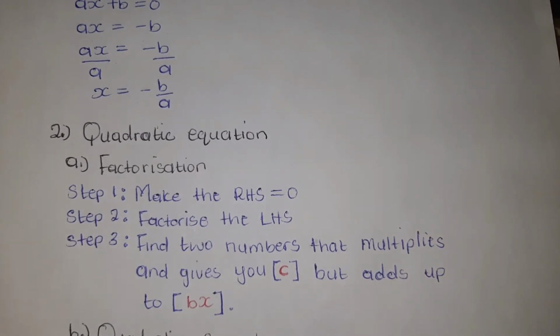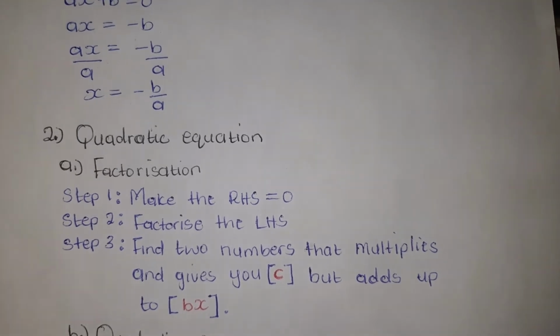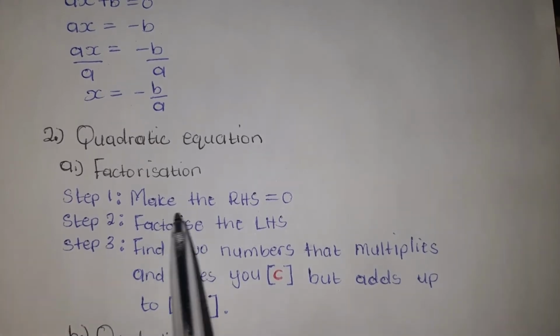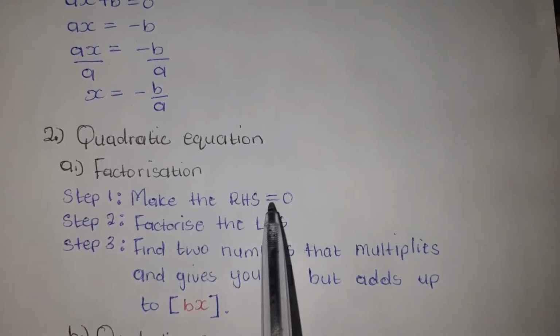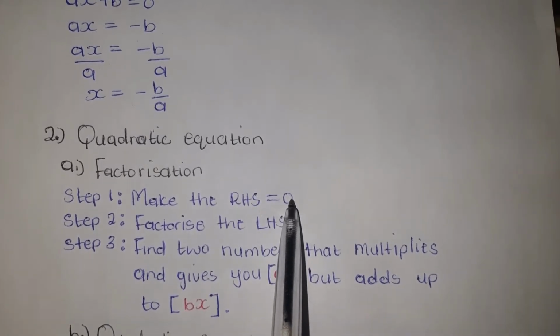Okay, let's move on to quadratic equation. Quadratic equation has three types of solving methods. So method number 1 is factorization. In factorization, step number 1, make the right hand side equal to 0 using the standard form of the equation.